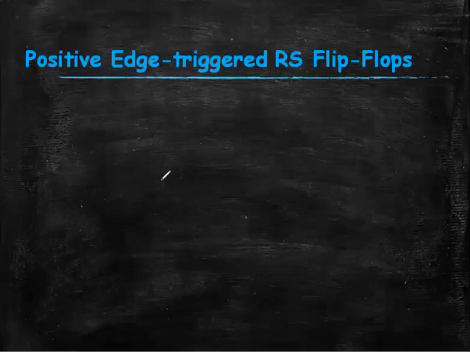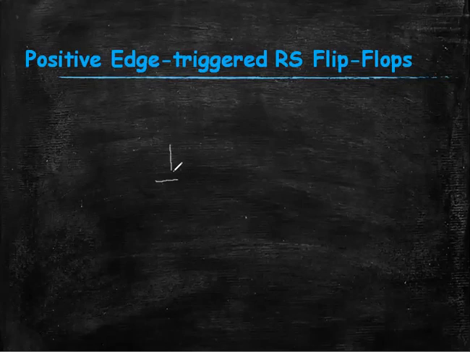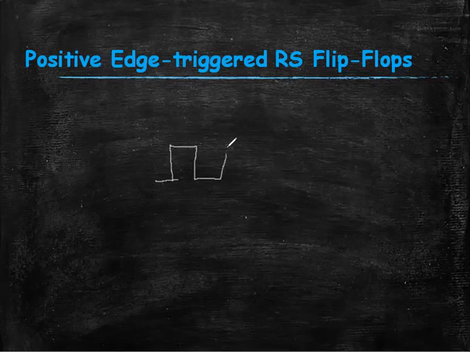Consider a square wave pattern, consider it as a clock. This is low and this is high. It is plus 5 volt and it is 0 volt.